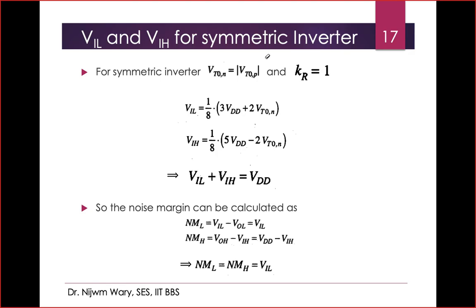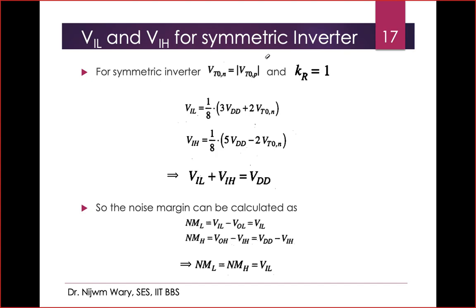So next, suppose for an ideal inverter, we have designed and set the W by L ratio such that we have a good inverter where the VTH is VDD by 2, so close to around VDD by 2.